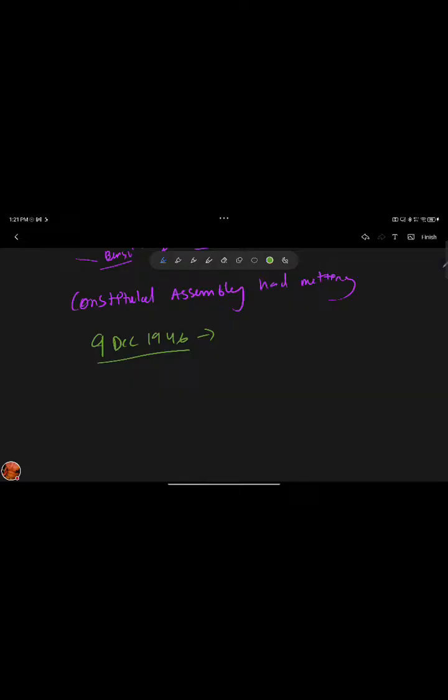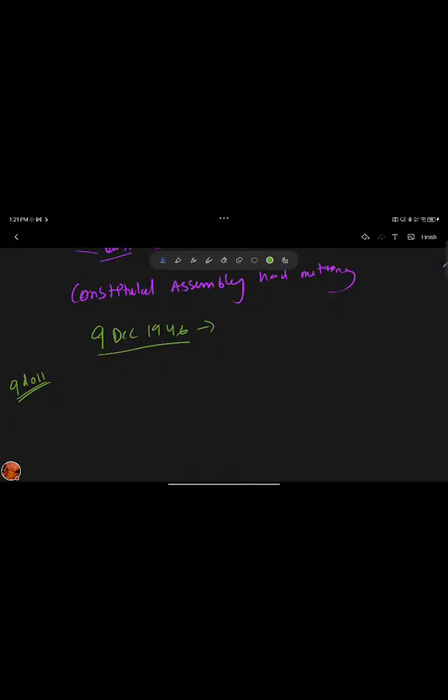You could remember it like 9-2-11. This was the first Constitutional Assembly meeting, and the Muslim League boycotted it because they wanted two constitutional bodies and we had only one.